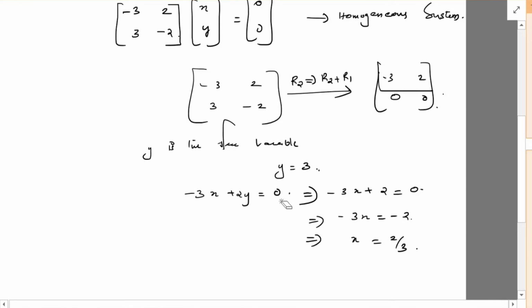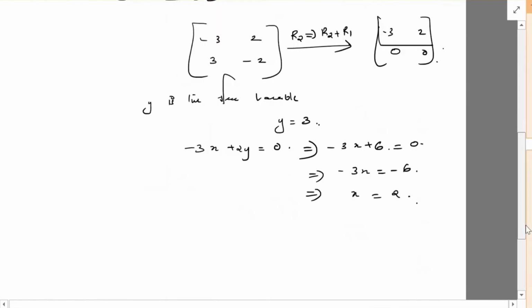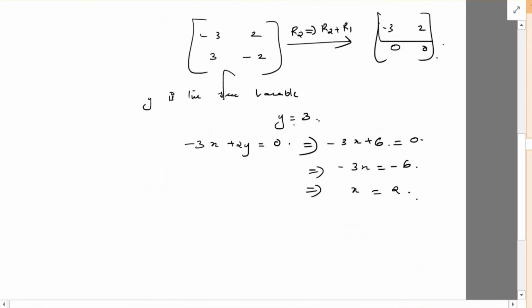So x will be 2. Okay, so x equal to 2, y equal to 3. That is a solution for that system. So we will write it as a vector: (x, y) equal to (2, 3).